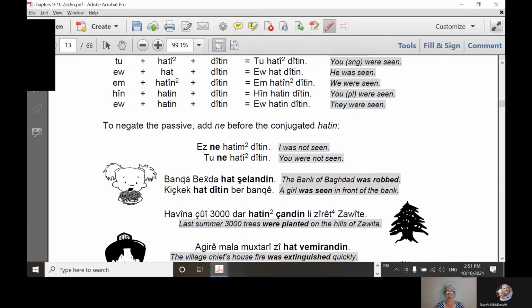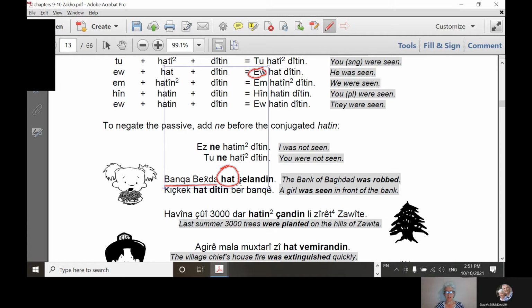Now from our story in section A, the Bank of Baghdad was robbed. Banka Baghdad, hot. This is conjugated, it has the nothing ending because Banka Baghdad is the same thing as it.